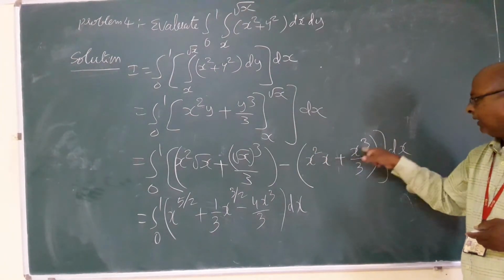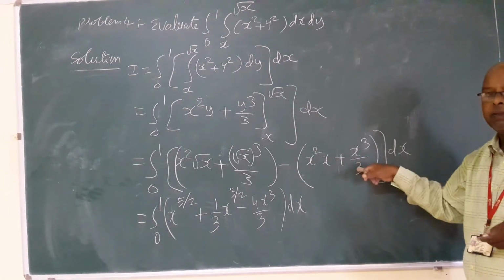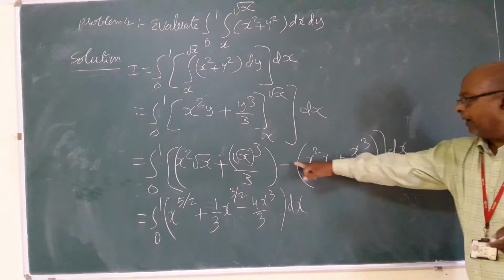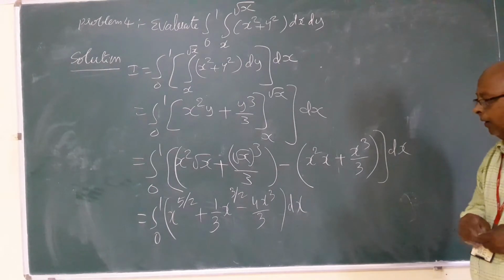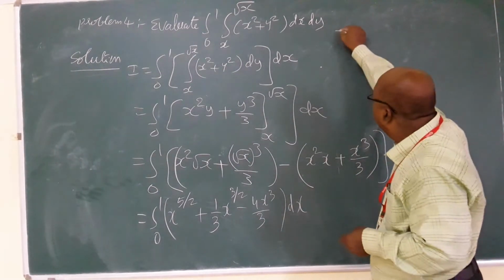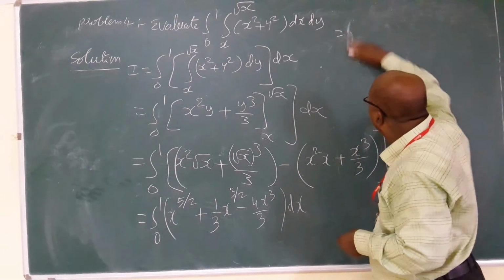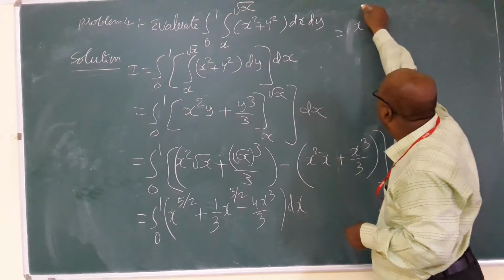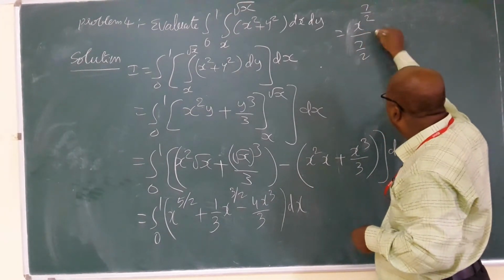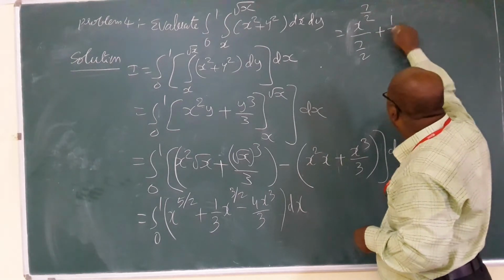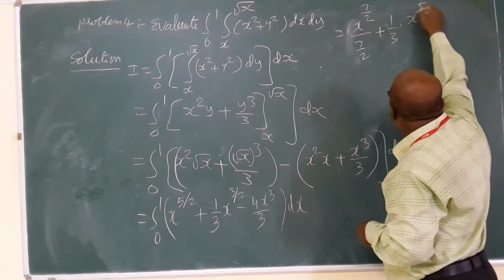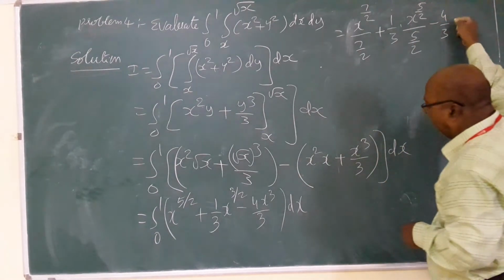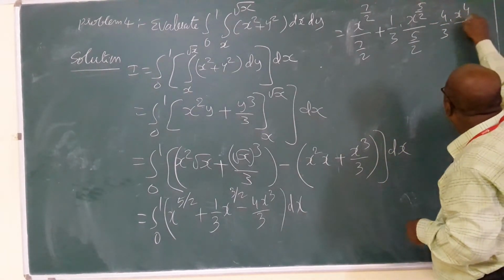X cube plus x cube by 3, taking LCM 3, we get 3x cube plus x cube, that is 4x cube by 3, and minus everything is minus. Now here we integrate: x power of 5 by 2 plus 1 is 7 by 2 divided by 7 by 2, plus 1 by 3 x power of 5 by 2 divided by 5 by 2, minus 4 by 3 x power of 4 by 2.